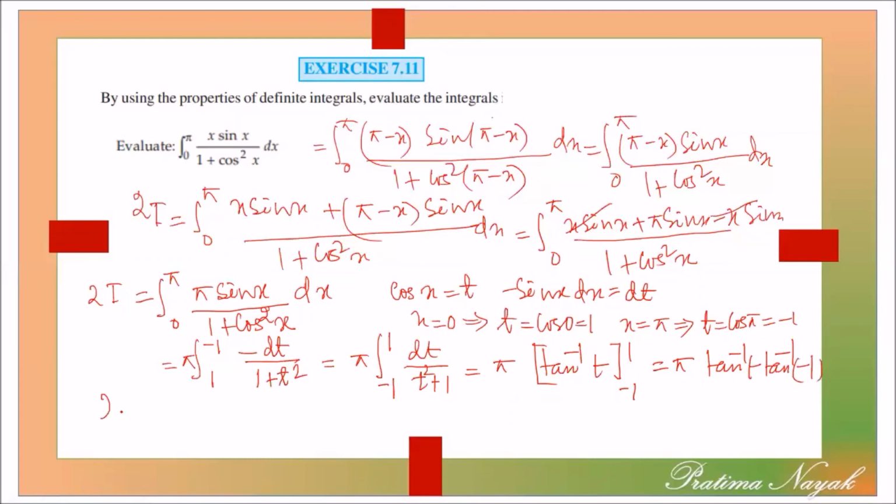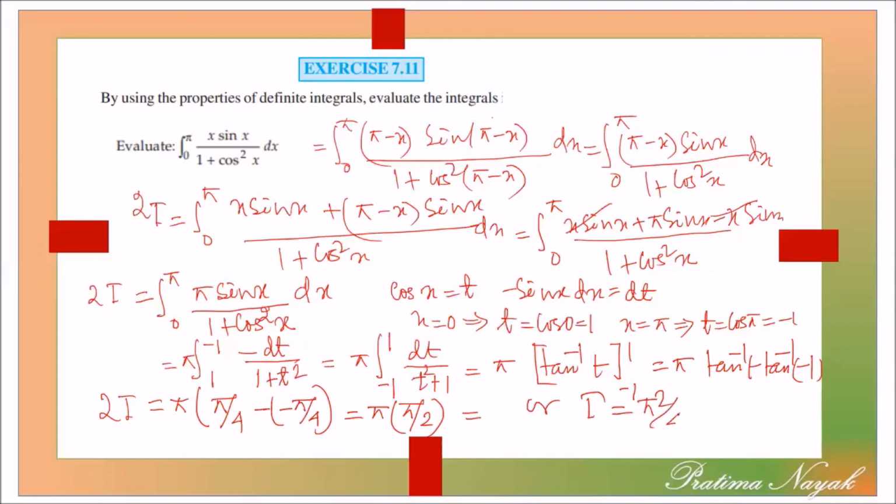So twice I is equal to pi into (tan inverse 1 is pi by 4, minus minus pi by 4). So this will be pi into (pi by 4 plus pi by 4), pi by 2. So I is equal to pi square by 4. Answer.